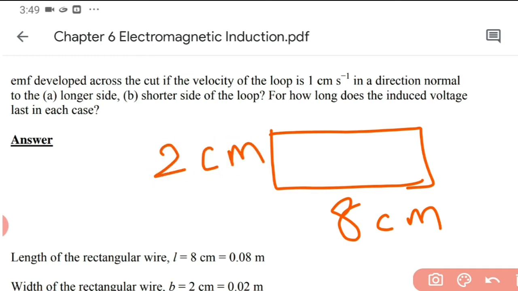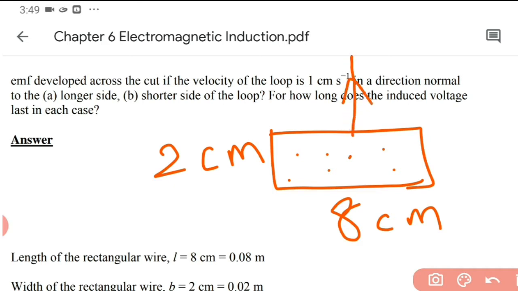Okay. Now, since the field is perpendicular to the plane, with the dots you can show the magnetic field. When it is dragged out of this magnetic field perpendicular to the longer side, it may be drawn in this way.